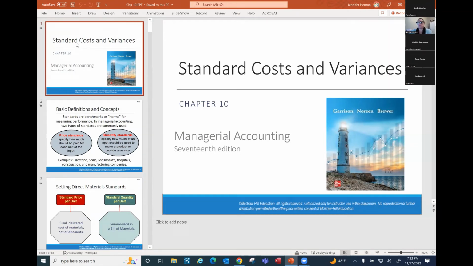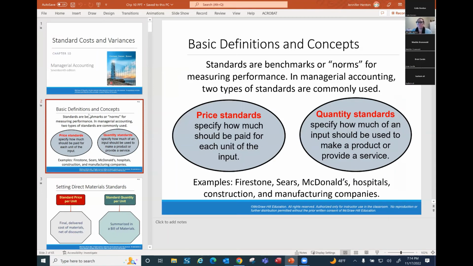What were the actual quantities, in order to calculate out what was estimated versus what was our actual and come up with a variance. And was it favorable or was it unfavorable? So we're going to walk through some different examples with this as well. But we're going to talk a little bit about it first so you can get a better understanding of what it is that we're doing.